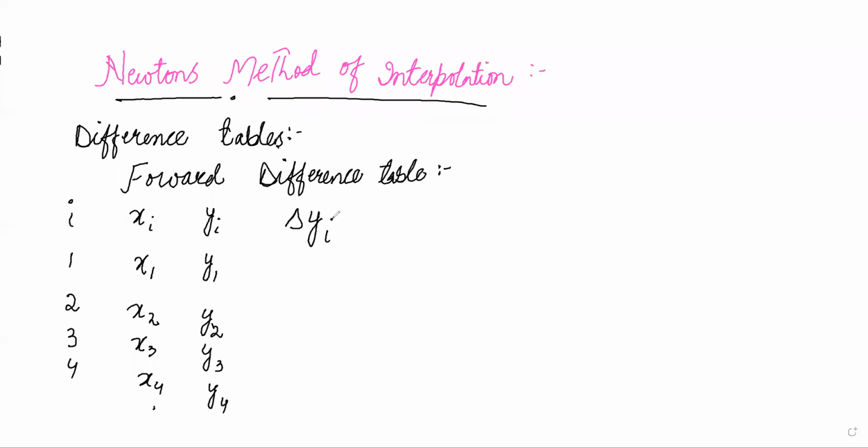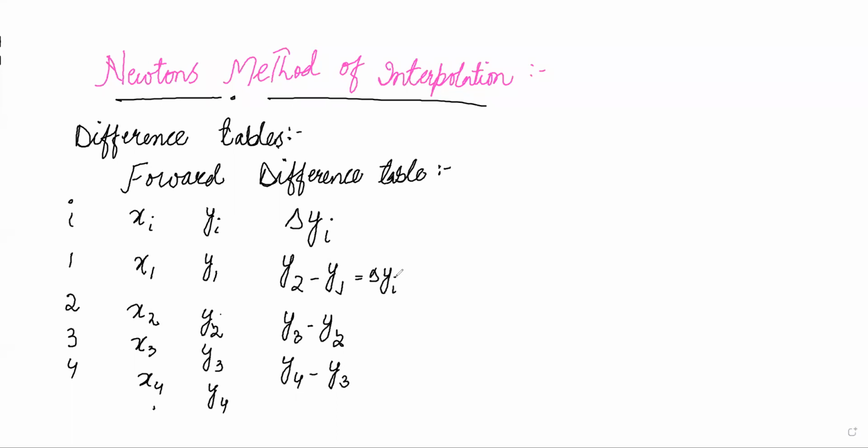The first difference is written as y2 minus y1, then y3 minus y2, and the third entry is y4 minus y3.